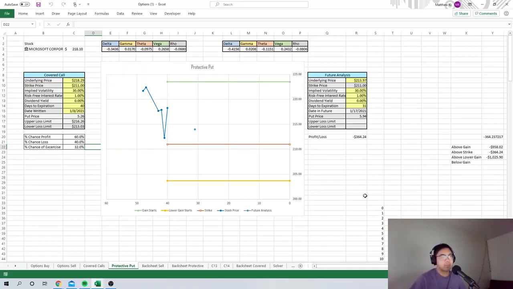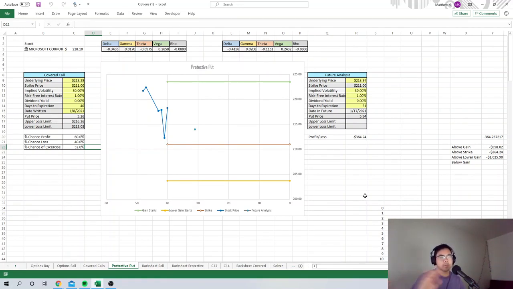So if the stock's at 300, but your strike price is at 310 to buy, you're not going to exercise it because you can buy it at a lower price. You can buy it at 300. So why would you exercise that? So if you're writing these contracts, you ideally want them to expire and no one exercises it, right?